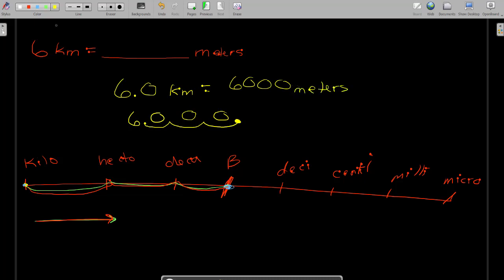Okay, let's do another example. So let's do this one. I have 320 millimeters, and I want to know how many meters that is.